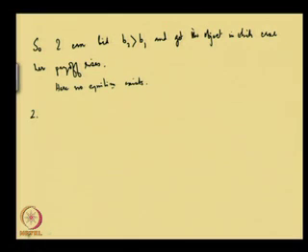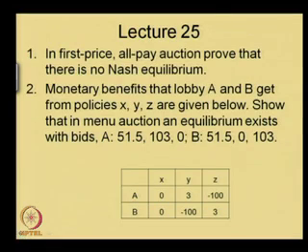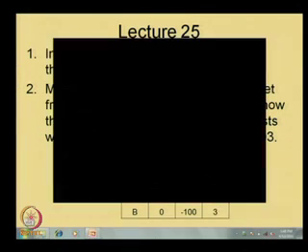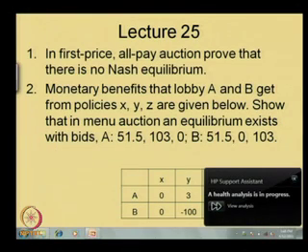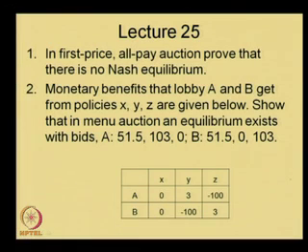Question number 2. So, in question number 2 we are given a matrix where the numbers are showing the benefits that these two parties A and B get from each of these three policies X, Y and Z, and we have to show that in a menu auction the equilibrium exists with the following bids: 51.5, 103.0 for A, and for B 51.50, 103.